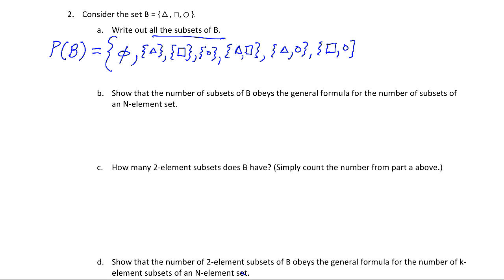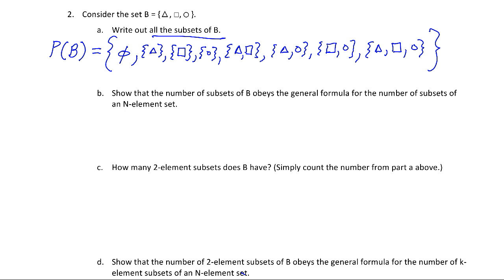1, 2, 3. I think there's just 3 of them. And then finally, the subset that contains all 3 elements. That is, the set is a subset of itself. Every set is a subset of itself.